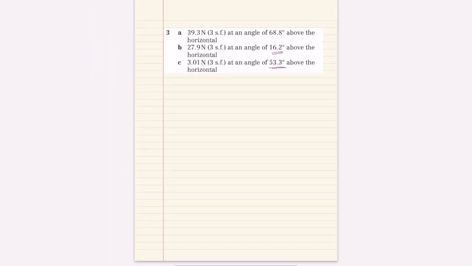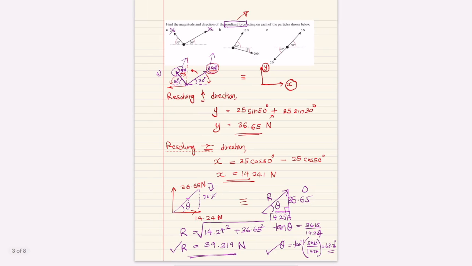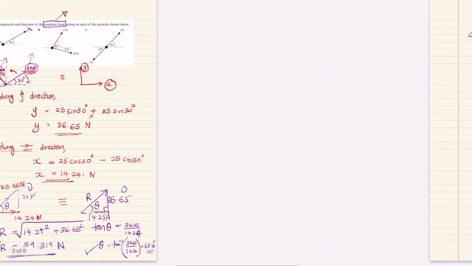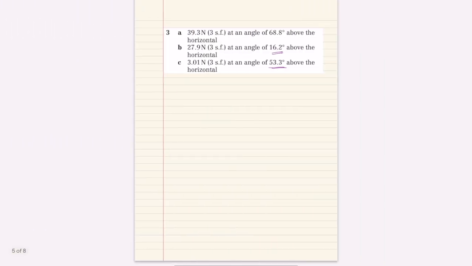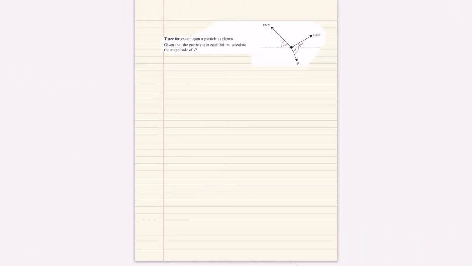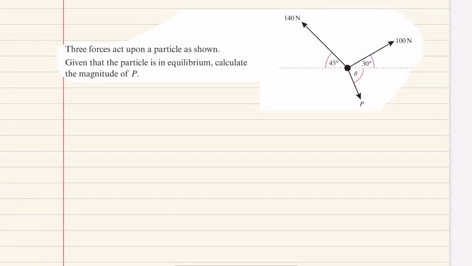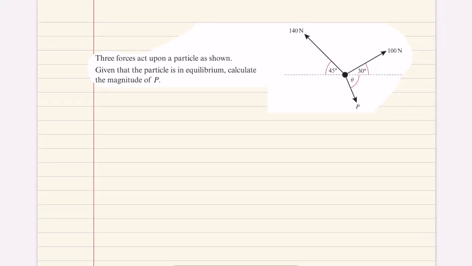Now, we just learned how to resolve any number of forces to find the resultant. Now, what if these forces are in equilibrium? So, now let's read this question. Three forces act upon a particle as shown.